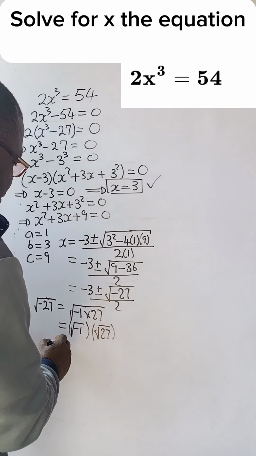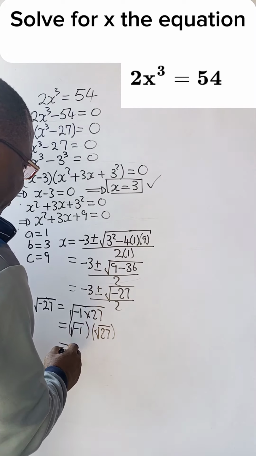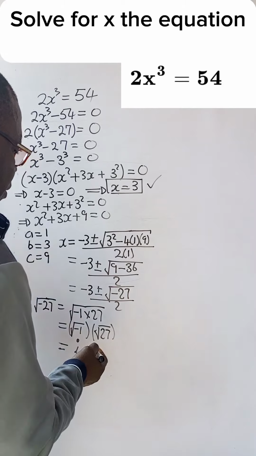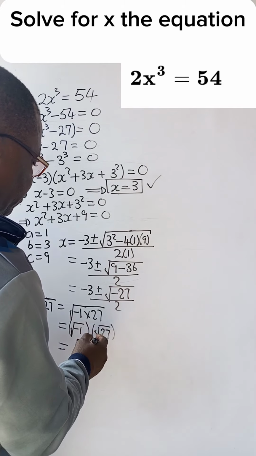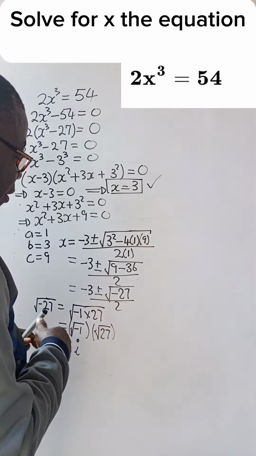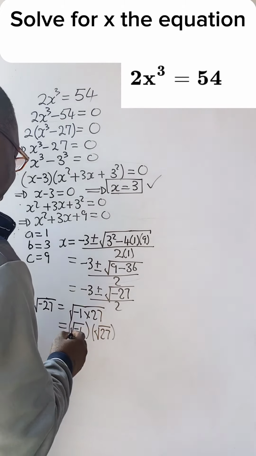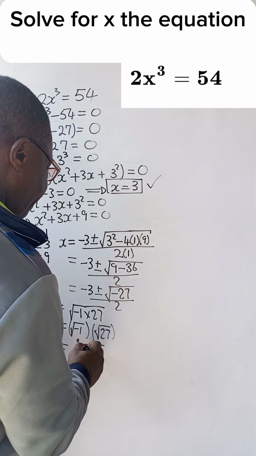Now we know the root of negative 1. It is i, the complex imaginary number i. Now for the root of 27, we look for a perfect square which is a factor of 27. A perfect square which is a factor of 27 is 9, and 27 is 3 times 9. So we write that as i times the root of 3 times the root of 9.